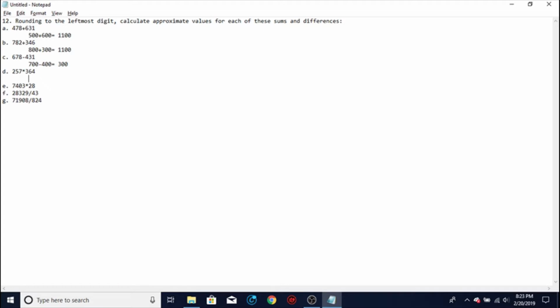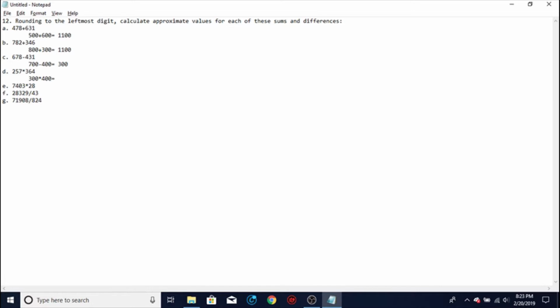Now for D, we're getting to multiplication. Even though it's multiplication, it's still the exact same process. So we have 257, so 2, the digit right next to it is 5, so we round up, so that's 300. And then we have 364, 3 and the digit right next to it is a 6, so once again we round up to 400.